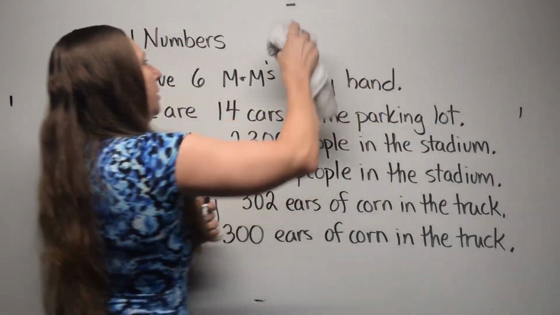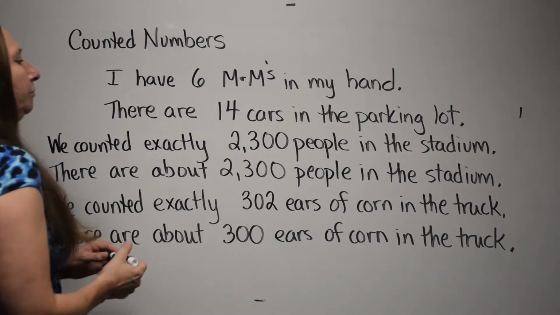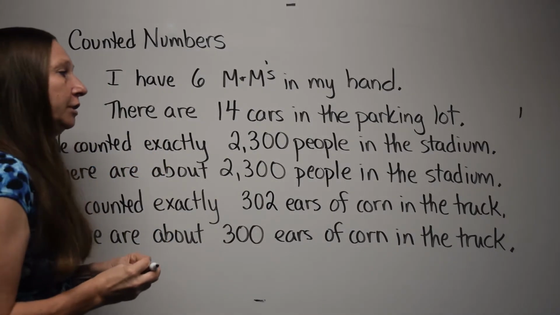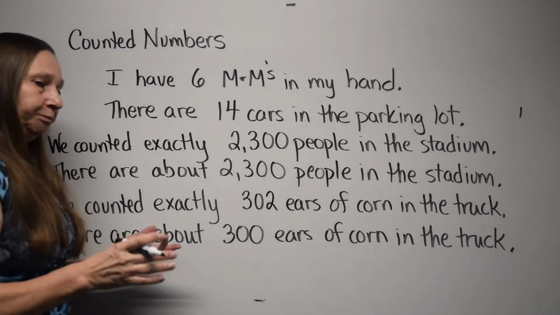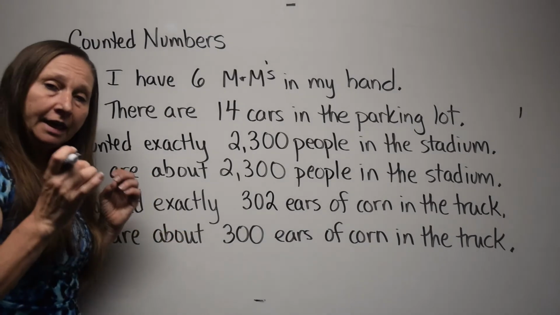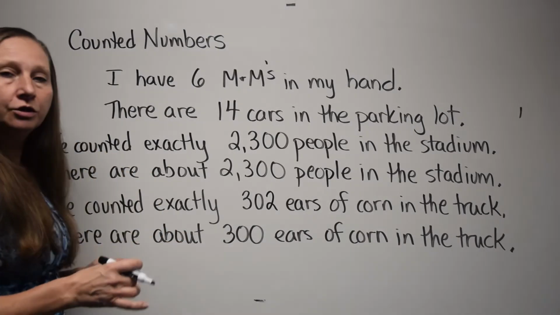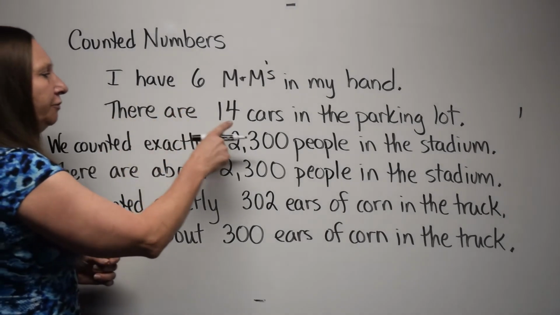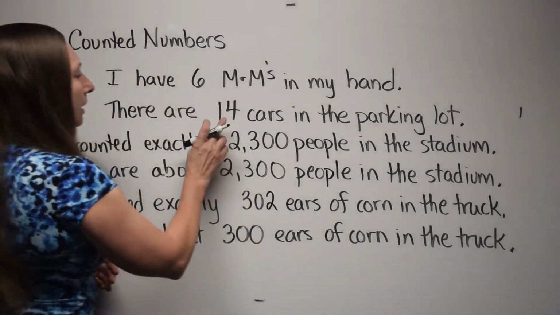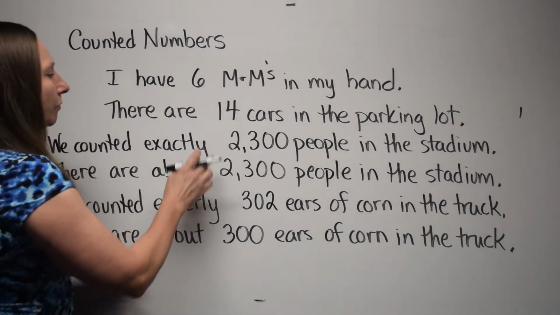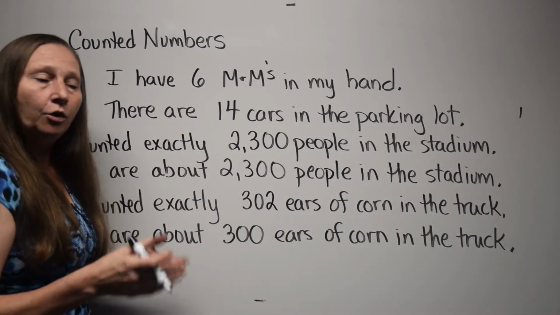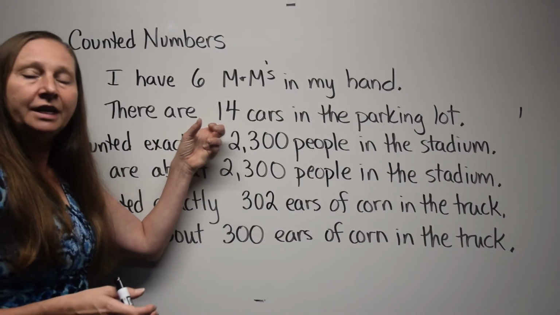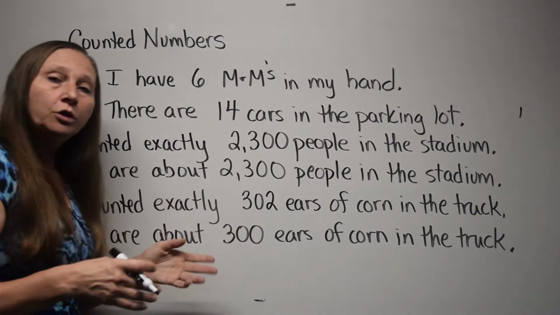In this case, people count as objects. What if there are 14 cars in the parking lot? We have no doubt that somebody can count exactly 14 cars in the parking lot. These cars were counted, and we can make the assumption that this 14 has infinite significance.